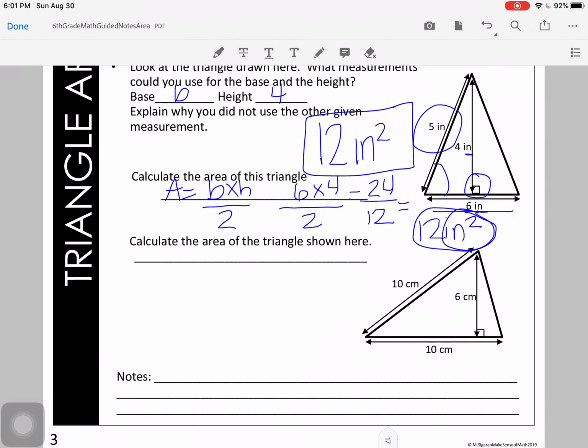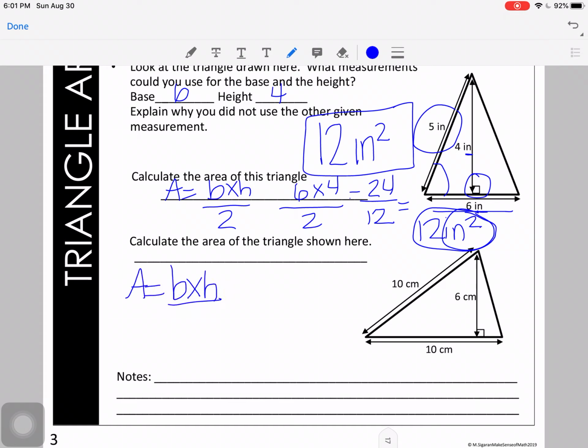All right, let's do the next one. All right, so our formula is area equals base times height, and we're going to divide all of that by 2. Remember, we're looking for a corresponding base and height, which means they meet at perpendicular lines that form a right angle. So our base is going to be 10, and our height is going to be 6.